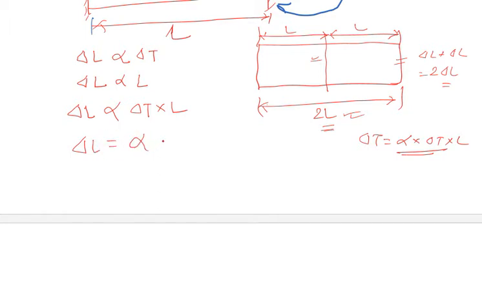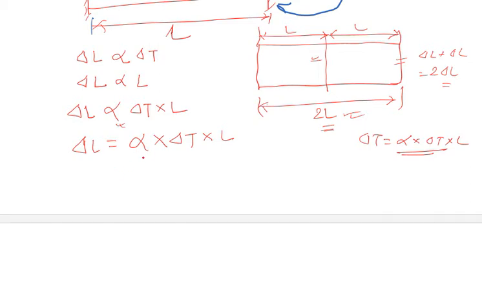Suppose this is the constant. When we remove this proportionality symbol and put an equal sign, then always we multiply a constant. That is the general rule of thumb. So we got the value of change in extension, the extension of the bar due to rise in temperature.